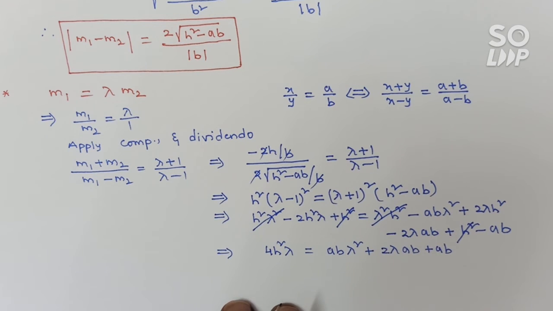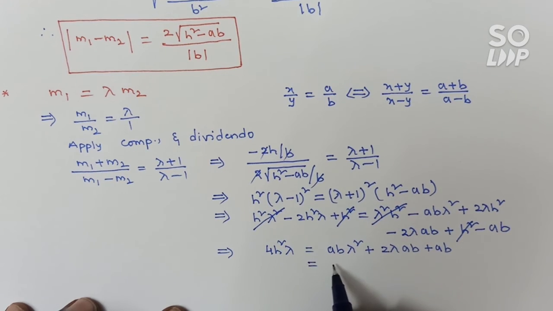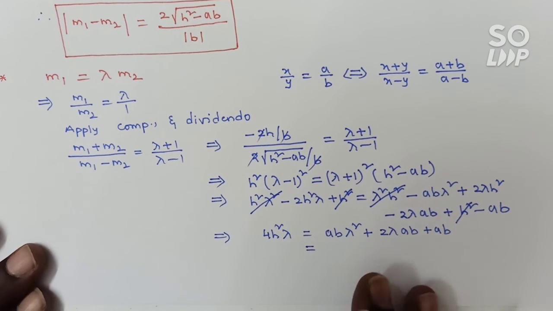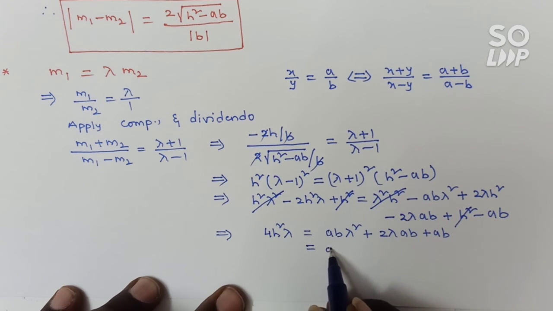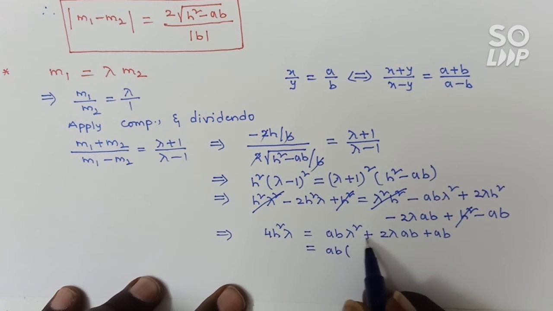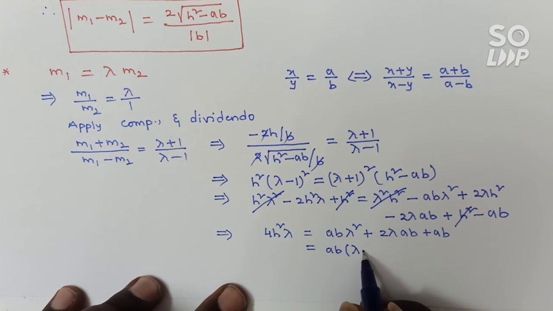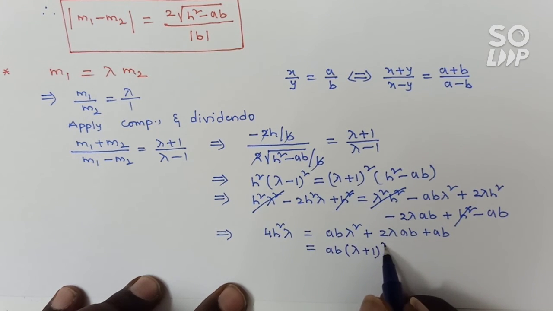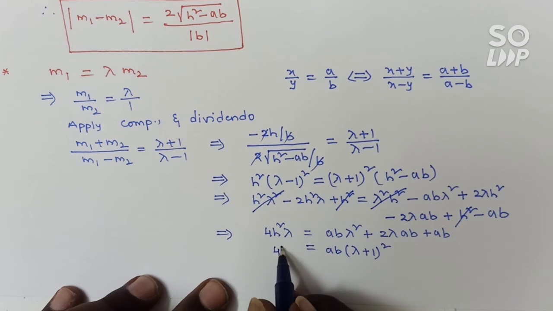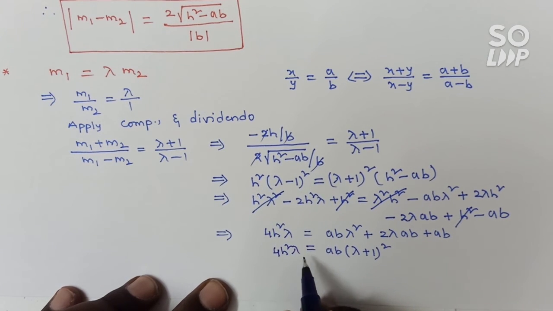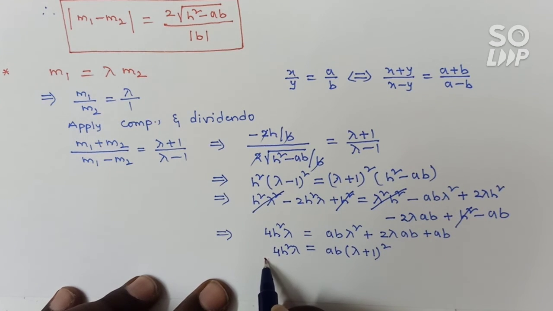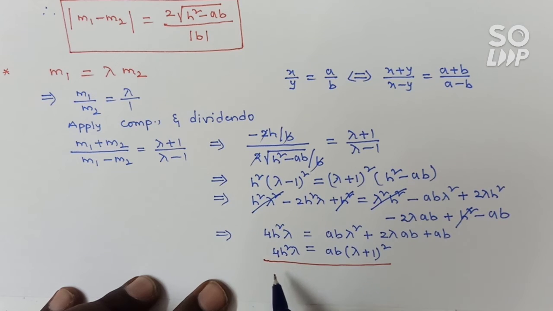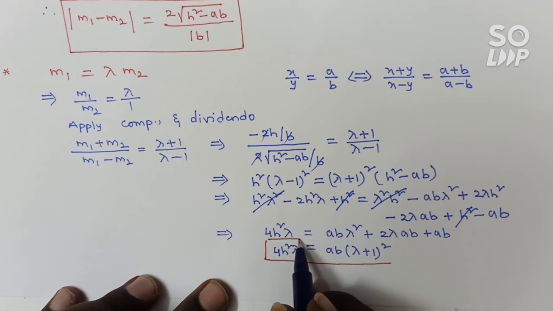Here you take ab as common, lambda square plus 2 lambda plus 1, that is lambda plus 1 whole square. So the final result is 4h square into lambda is equal to ab into 1 plus lambda whole square.